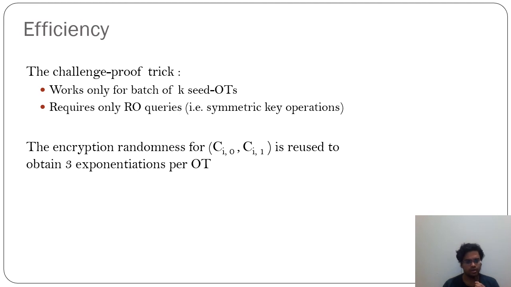Also, we reuse the randomness for the ciphertext to obtain 3 exponentiations per OT. So this gives us our efficient 3-round seed OT protocol, which requires only 3 exponentiations and which is the most efficient seed OT protocol for KOS, and it preserves the round complexity of the KOS OT protocol.